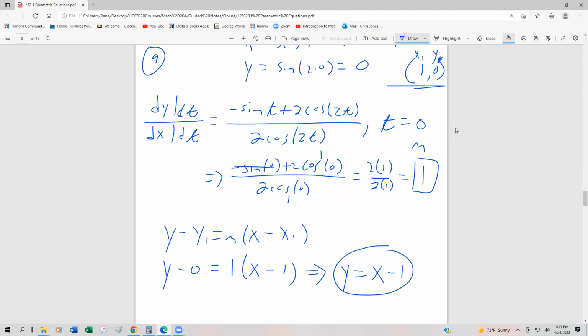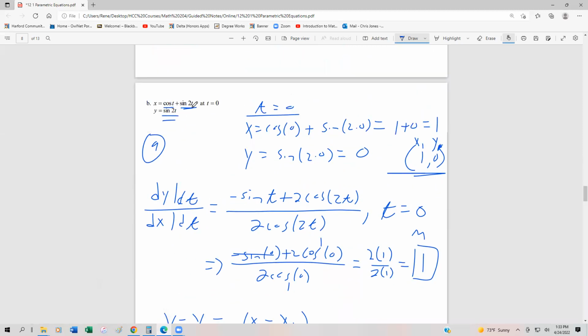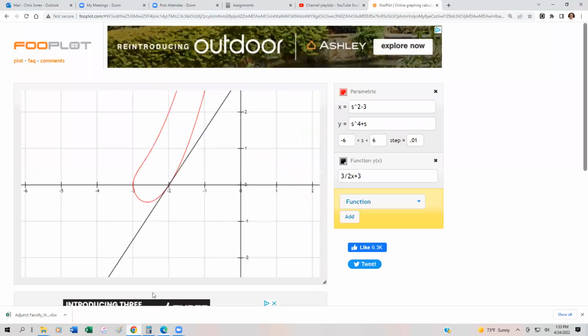One more time, we want to make certain that we are okay with the outcome of this. To check our answer, we can certainly use technology. Remember our original function: x was cos of t plus sine of 2t, and then we had sine of 2t. Sorry, I forgot to use s instead of t, otherwise we don't get anywhere.